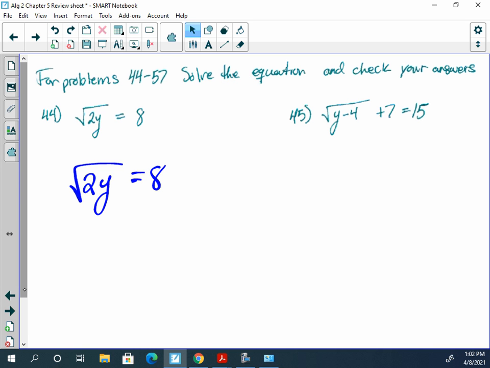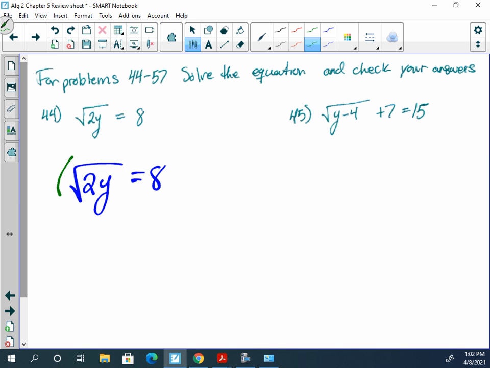So if we're looking at problem number 44, what is the first thing we need to do to get the radical by itself? Or is it already by itself? It's already by itself. There's nothing being added to it, subtracted from it, multiplied by it.